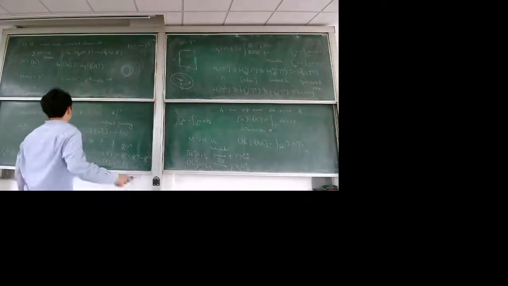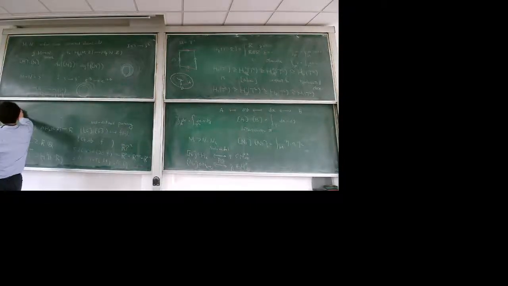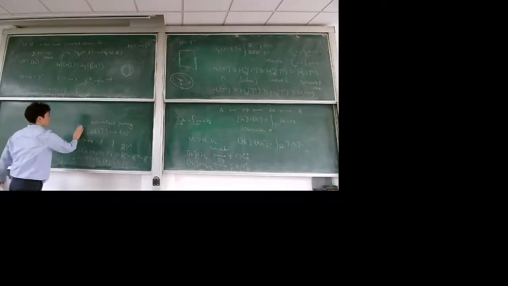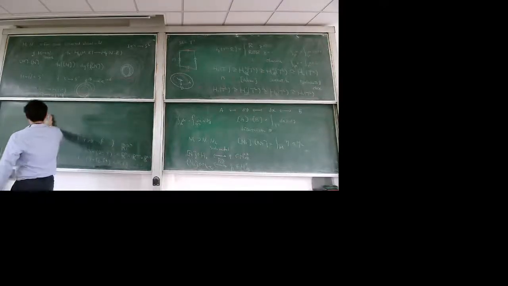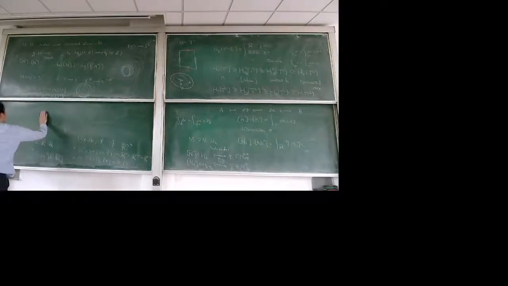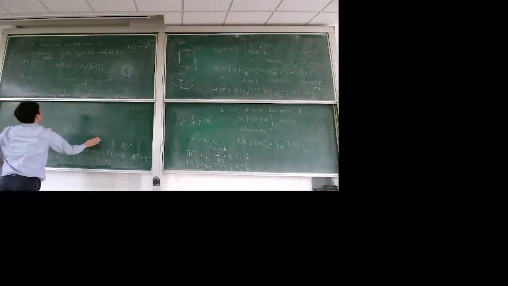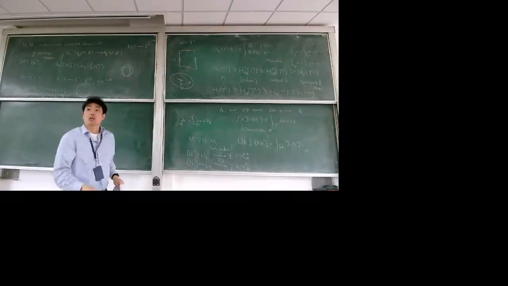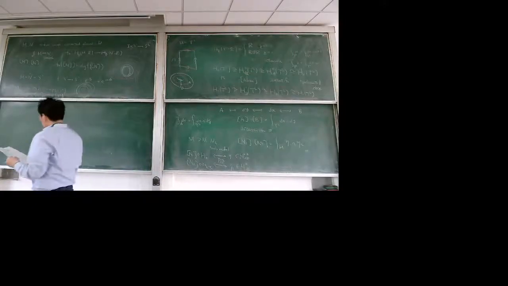Another way to define the mapping degree: here I used homology, but you can do the same thing using cohomology. Since this is an n-dimensional connected oriented closed manifold, the mapping degree of f can be understood this way.